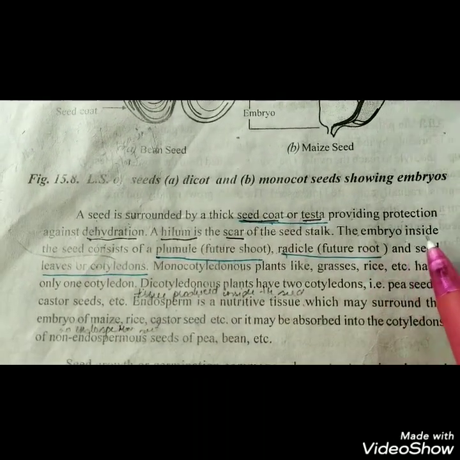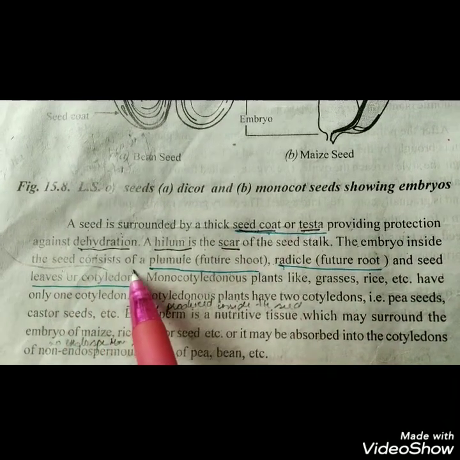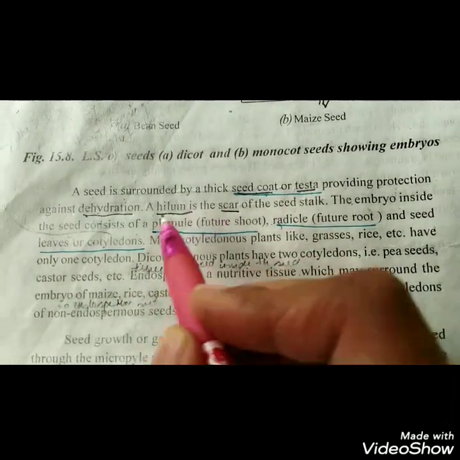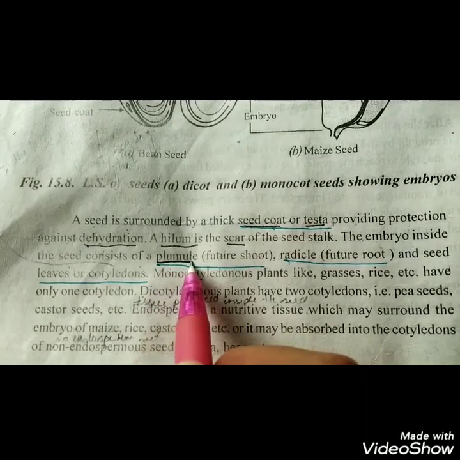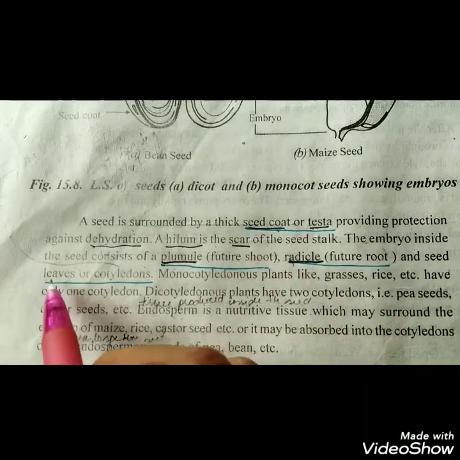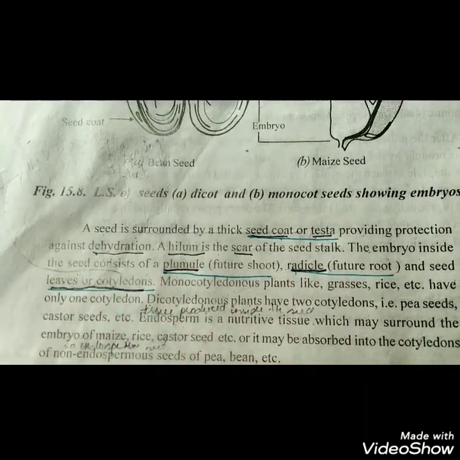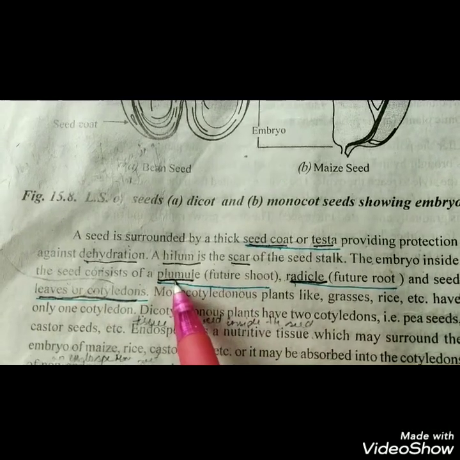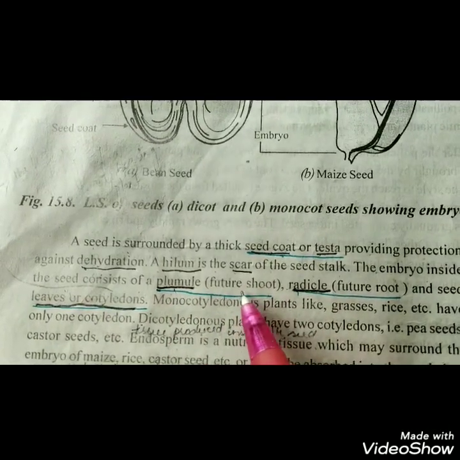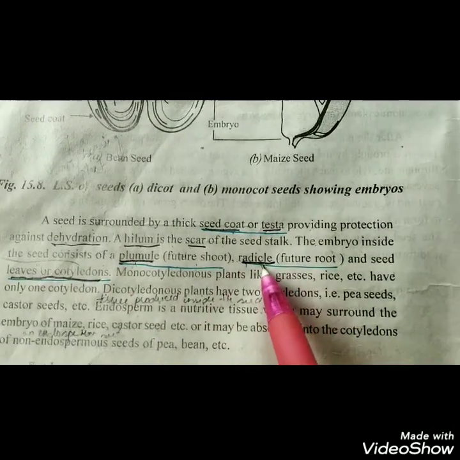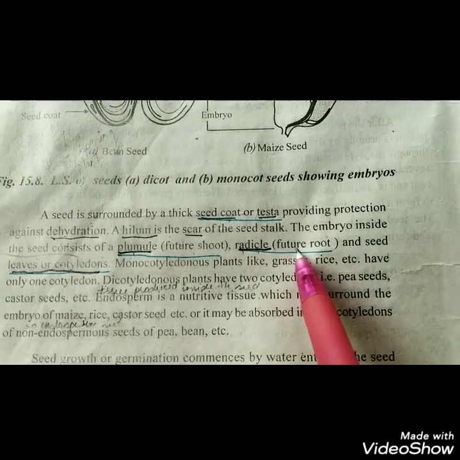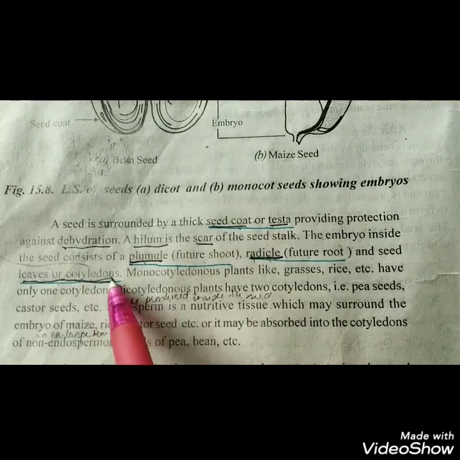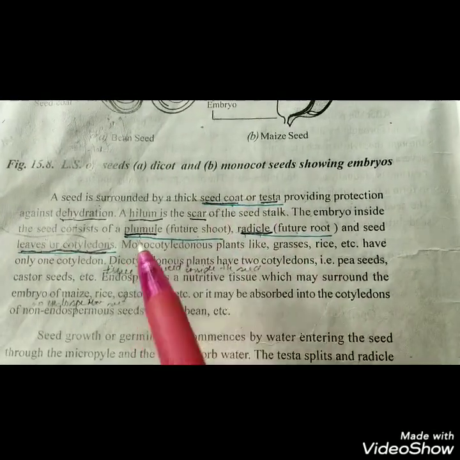The embryo inside the seed consists of the plumule. So a seed consists of plumule, radicle, and the seed leaves or the cotyledon. This plumule will develop into the shoot system. The radicle will develop into the root system, and the seed leaves or the cotyledon will develop into the leaves.